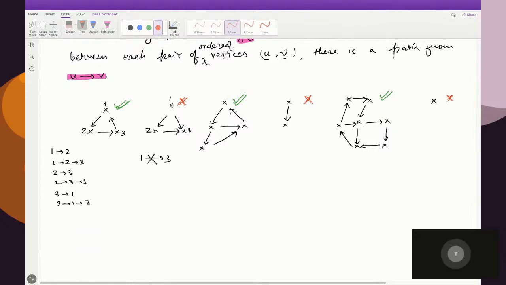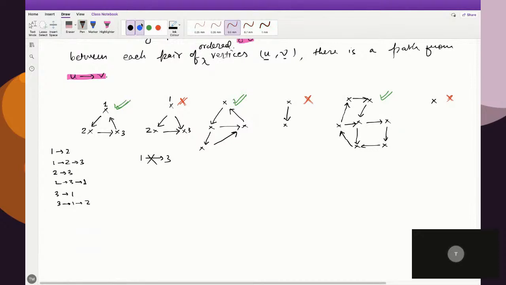So you are basically saying, sir, is it necessary that there should be a very large cycle which contains all of the nodes? I think that may not be necessary. Let us try to think of some cases where that is not necessary.